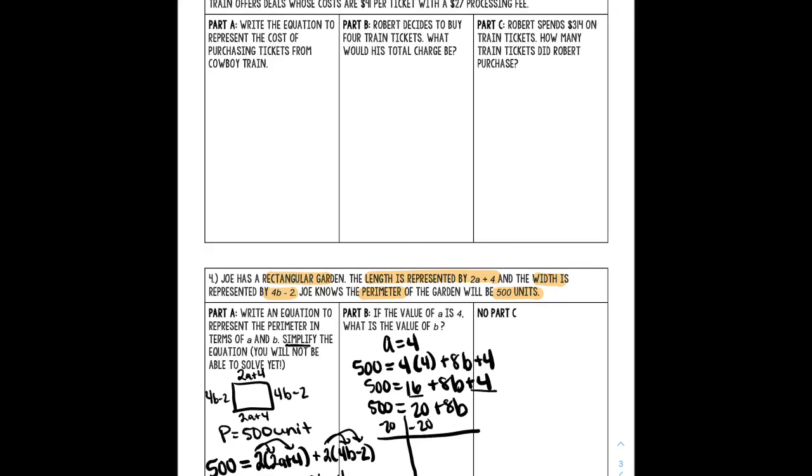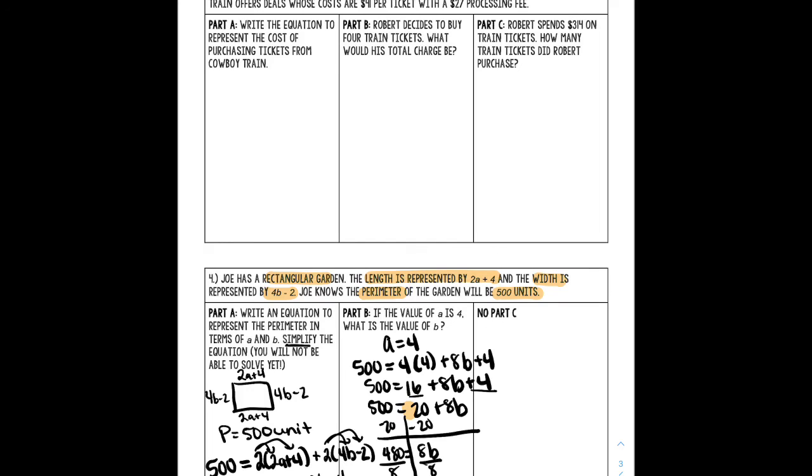So now I'm going to subtract 20 on both sides. And that leaves me with 480 equals 8b. And my last step is to divide by 8, and I have 60.